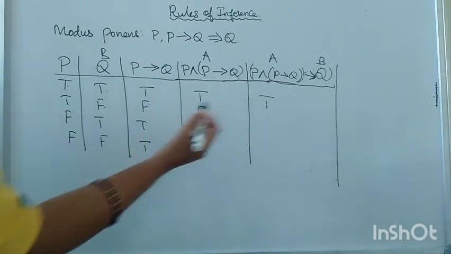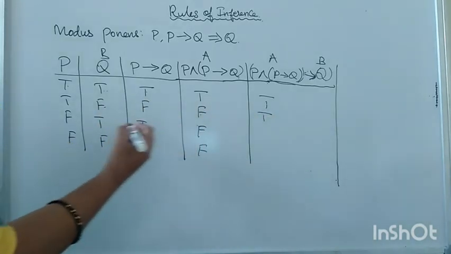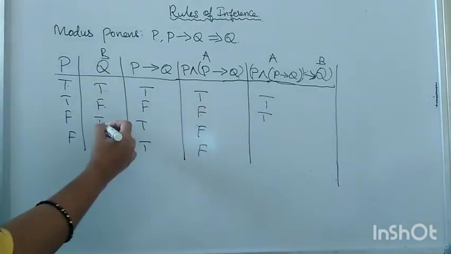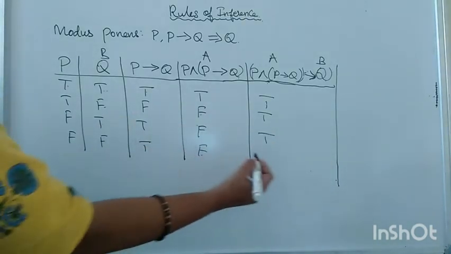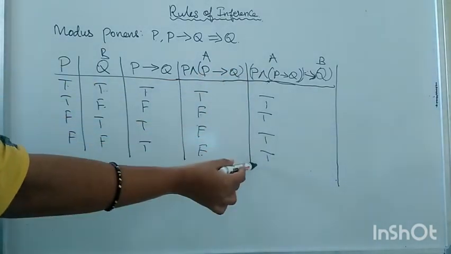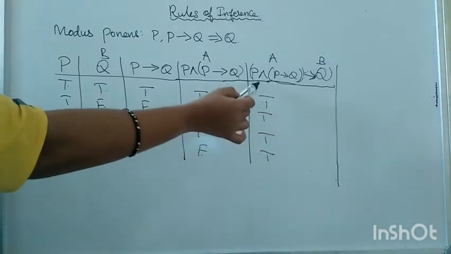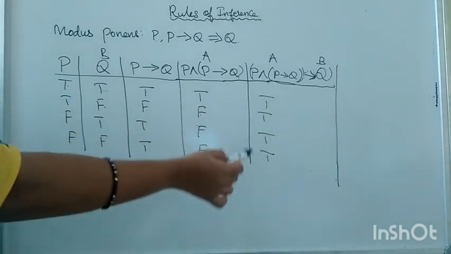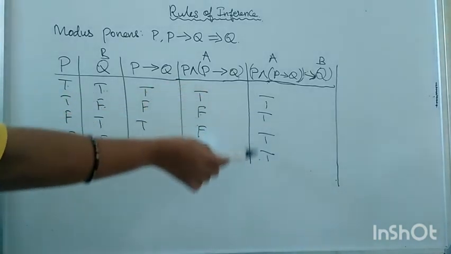True, true, we will get true here. False, false, we will get true here. And then false, true, we are getting true. False, false, true. So from this column itself, we can easily understand that for all the possible truth values, we are getting only true values.